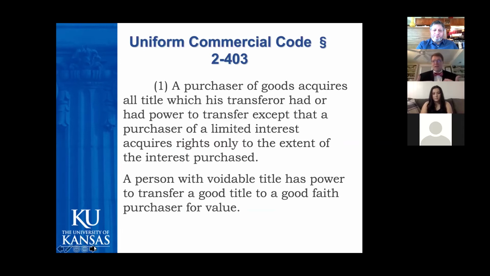What we have from Verdault, though, is that Verdault is taking a different approach. He's saying, okay, true, but there's a second sentence to this statute, right? The second sentence says a person who has so-called voidable title has the power to transfer good title to someone who's a good faith purchaser for value.